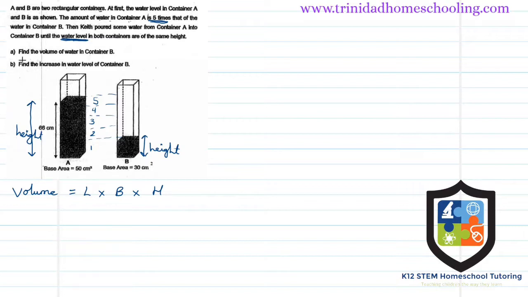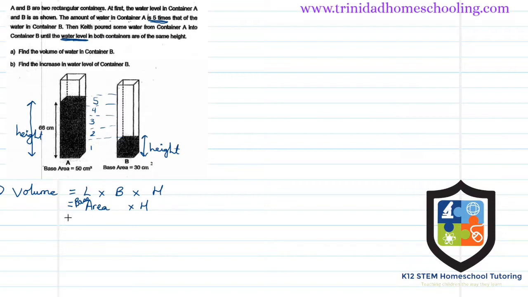Now let's see. They ask us to find the volume of water in container B. So we want to find this original volume here. This is one formula that we know for volume. Another formula that we know for volume is area or base area multiplied by some height. Now area is just two lengths multiplied together.